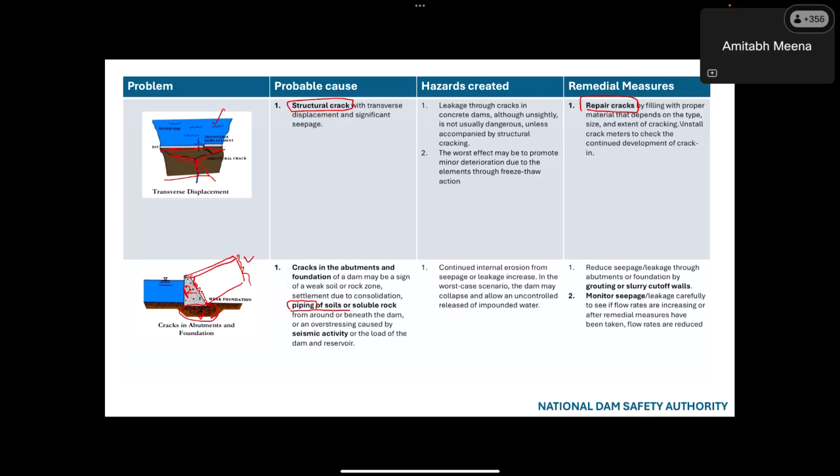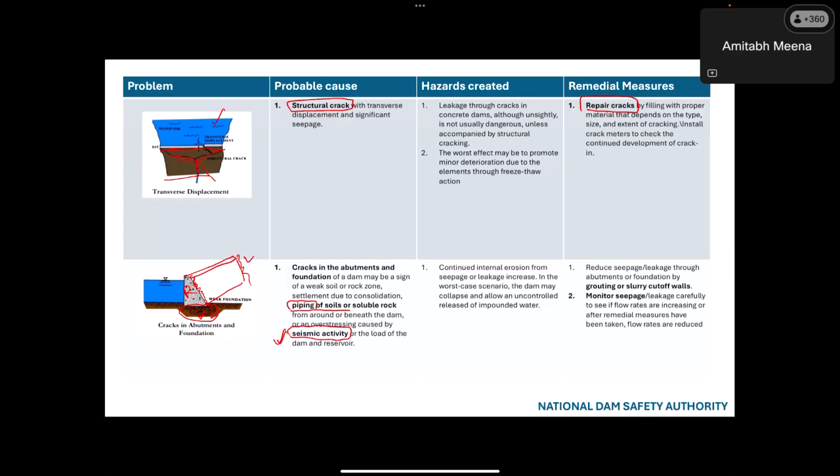And the cracks in the foundation may also occur due to seismic activity. We can't do anything about the seismic activity. In that case, we have other measures also. We have seismic instrumentation, and the only thing that we can do is to design the structure as per the codal provisions.